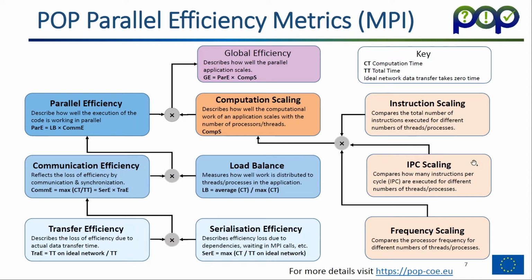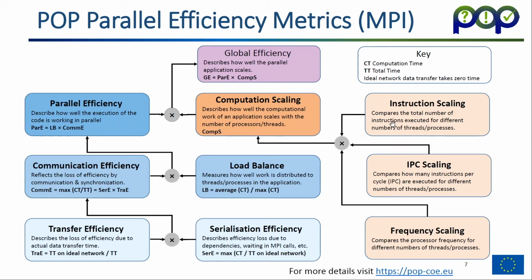The HPC scaling is the instructions per cycle. This is a measure of how effectively the processor is able to execute those instructions. And we may also have a third factor that comes into play from the processor frequency. If we are using all of the computational units, then we may not be able to run the processor at the same speed, and it may have to run at a slower speed that will have another impact on how the performance of the application scales.